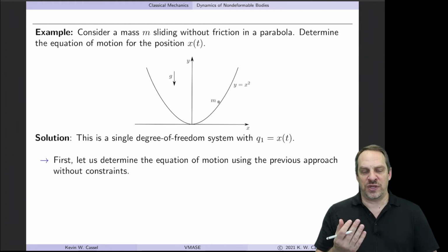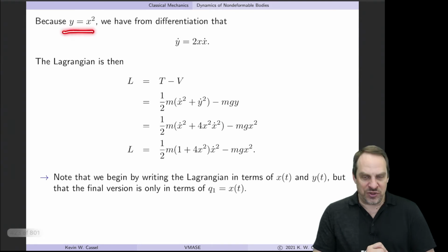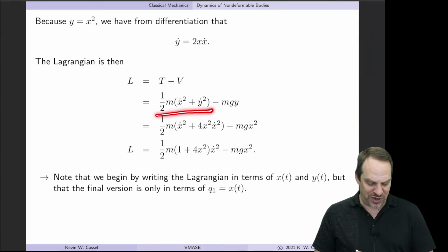So let's do this both ways. First we'll take into account the fact that we know this is a 1 degree of freedom system, and we'll reduce it down to that one dependent variable. So we know that y is equal to x squared. So if I have a y dot, so a dy/dt, from the chain rule, that's just 2x x dot. So just differentiating y in case we need it. Then the Lagrangian, T minus V: T is 1/2 m times the quantity x dot squared plus y dot squared, and V is mgy.